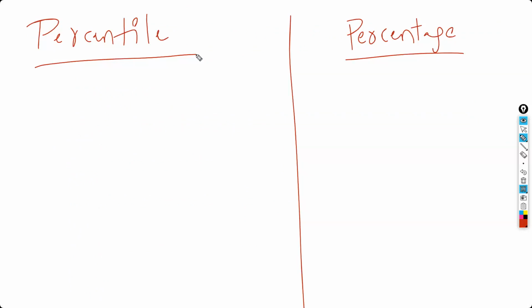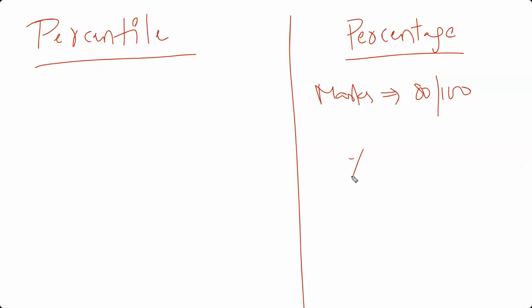Let us take an example of marks. You got 80 out of 100 in a subject. Now, what is your percentage? Percentage means 80 by 100, which is 80%.